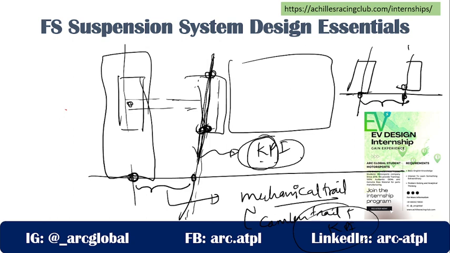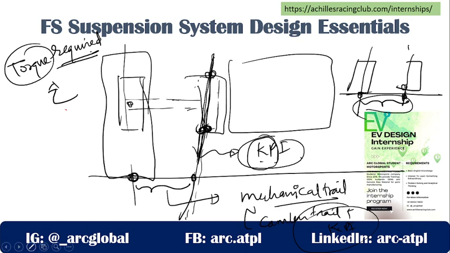Okay, so even if my tire is inclined and this is also inclined, I will get the net KPI. Now this is responsible for calculating the torque required to turn your wheel.